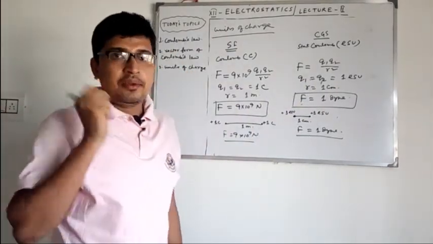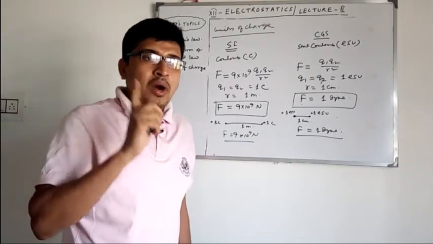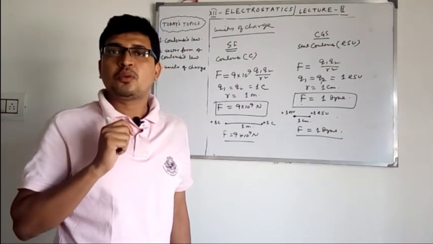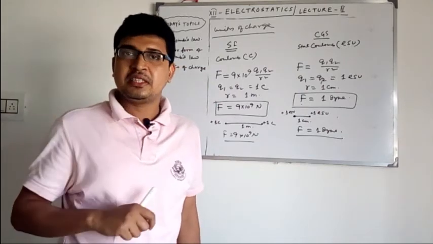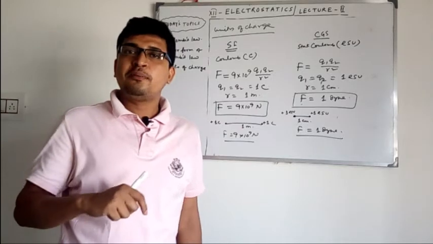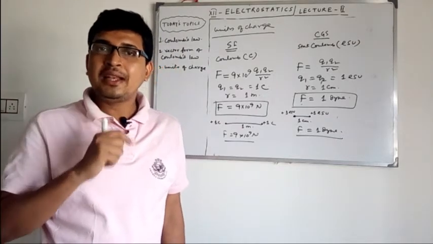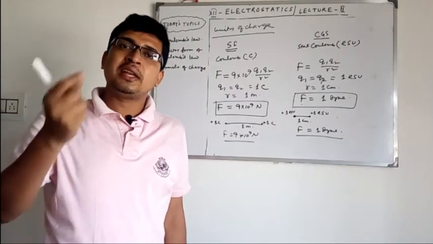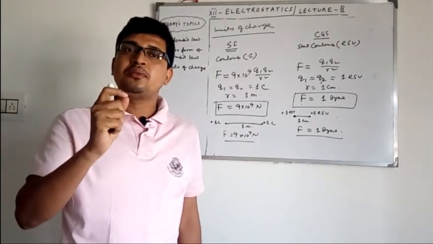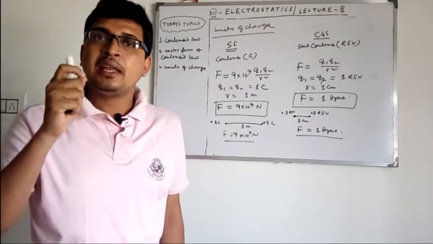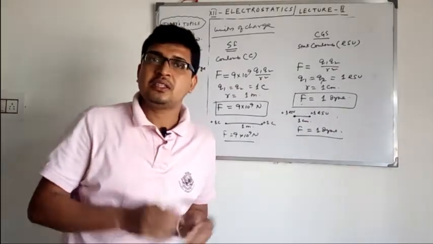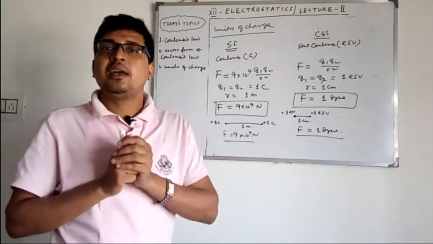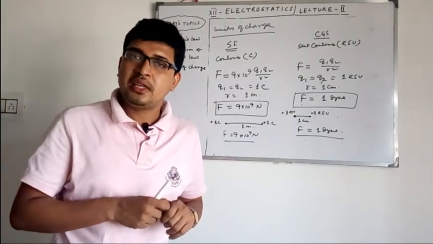You can write it down as well. 1 statcoulomb charge is said to be that amount of charge which experiences a force of repulsion of 1 dyne when placed in vacuum at a distance of 1 centimeter from an equal and similar charge. In that case, the charge particle has a charge of 1 ESU.